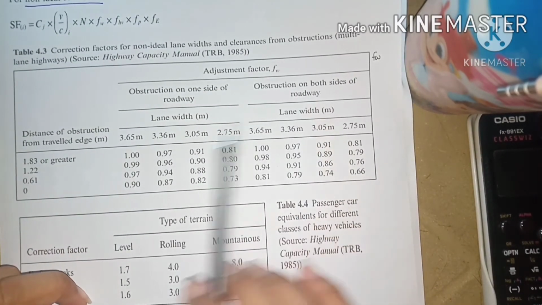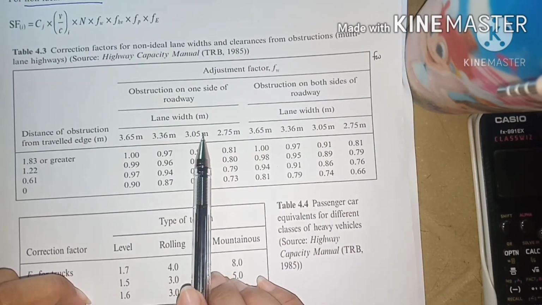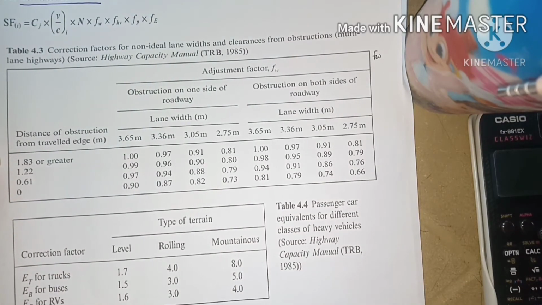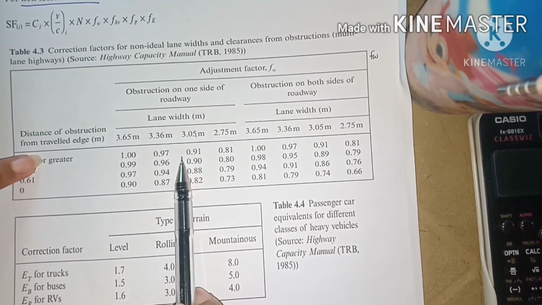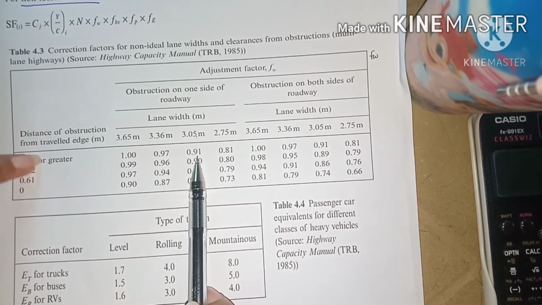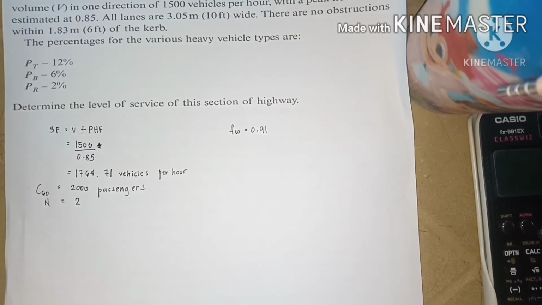Dito, makikita natin yung 3.05 meters. Distance of obstruction na given is 1.83. So, from 3.05, meron tayong adjustment factor of 0.91. We can also solve for the resulting reduction of FHV.